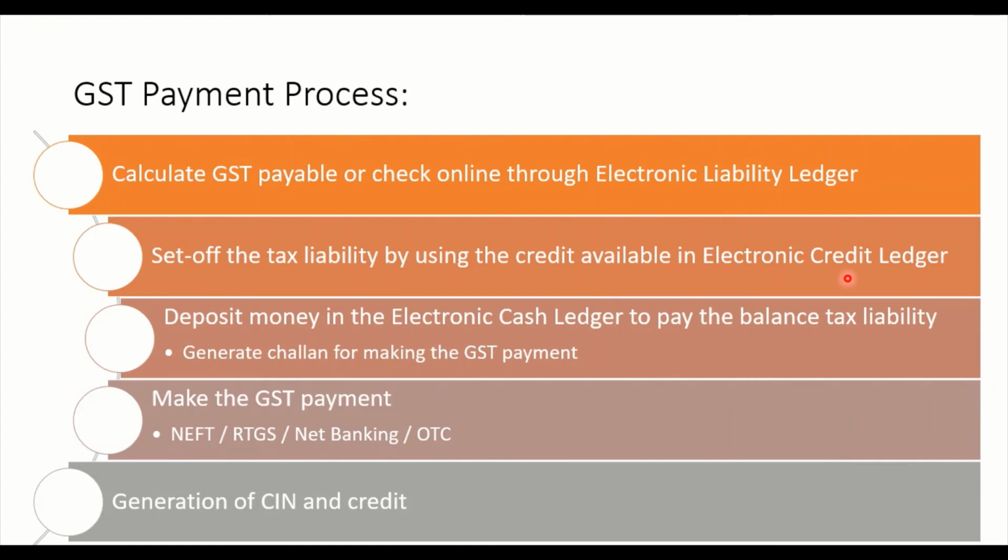If some balance remains, deposit that money in the electronic cash ledger to pay the balance tax liability. After that, the challan will be generated for making the GST payment. To make the payment, NEFT, RTGS, net banking or OTC mode can be used. Then CIN will be generated and it will be credited to your electronic cash ledger. This is what the GST payment process is, friends.